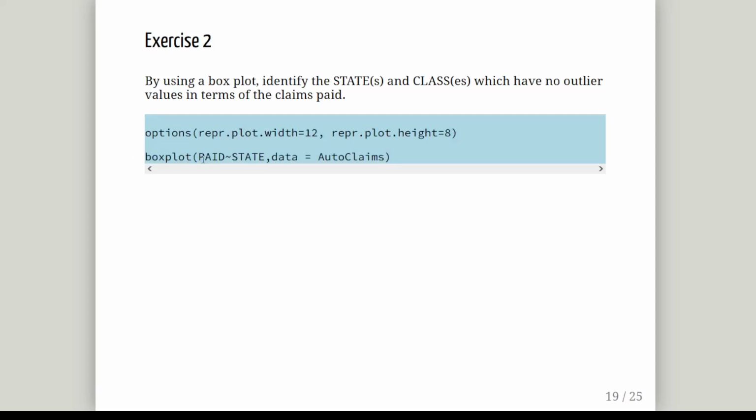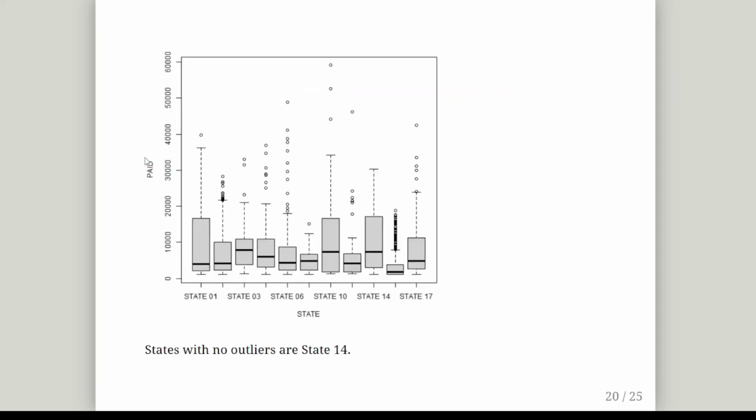So we just go by state first. The distribution of paid claim amounts by state, where the data is coming from AutoClaims, and the command is boxplot. So it asks us to look through it and pick out which of the states does not have any outliers. In this case, the outliers are indicated by little circles on the opposite side of the fences.